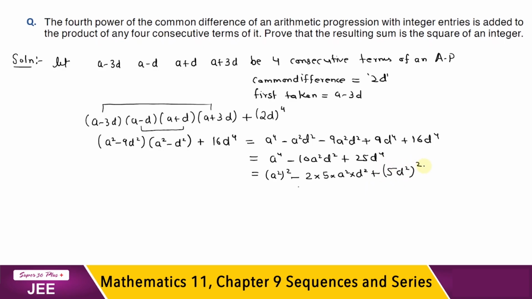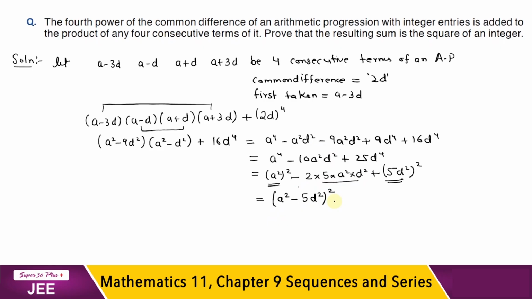Alright, so we are getting a square plus b square minus 2ab. So this becomes a perfect square of a square minus 5d square. Alright students, so this entire expression upon simplification becomes (a square minus 5d square) whole square.